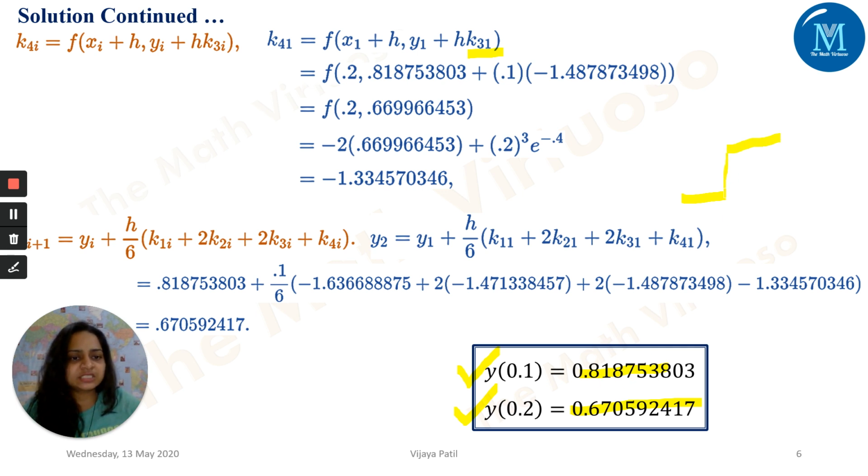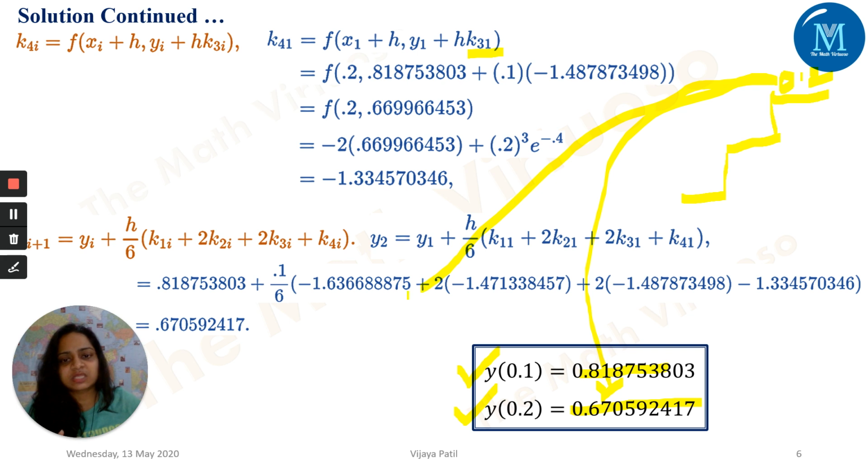So if you observe, we were here, then we reached 0.8187. After this, again we took h equals 0.1 as the height, and we reached this point, the point at 0.2 as x. This is what is known as the Runge-Kutta method of fourth order.